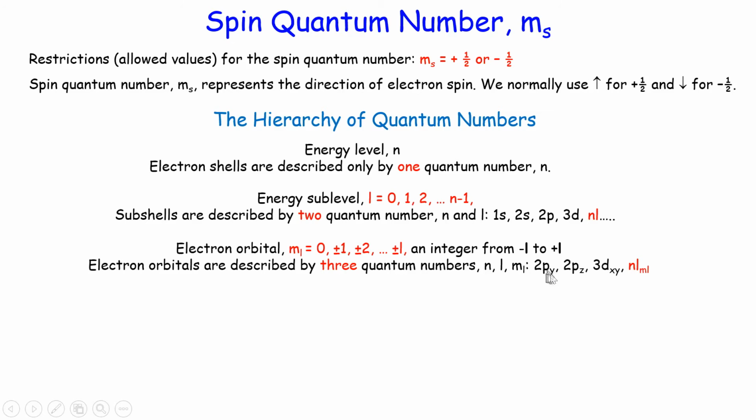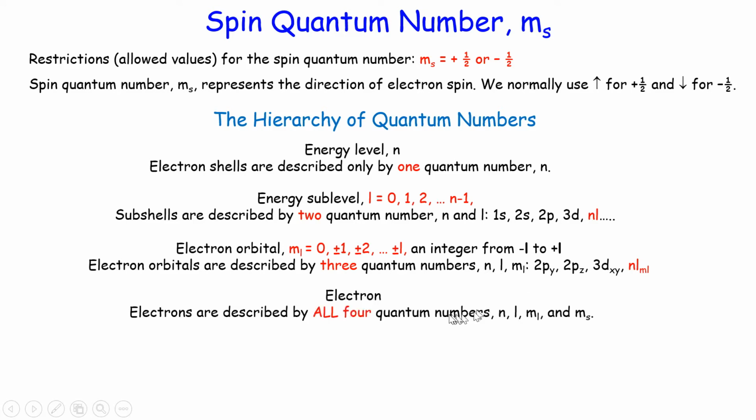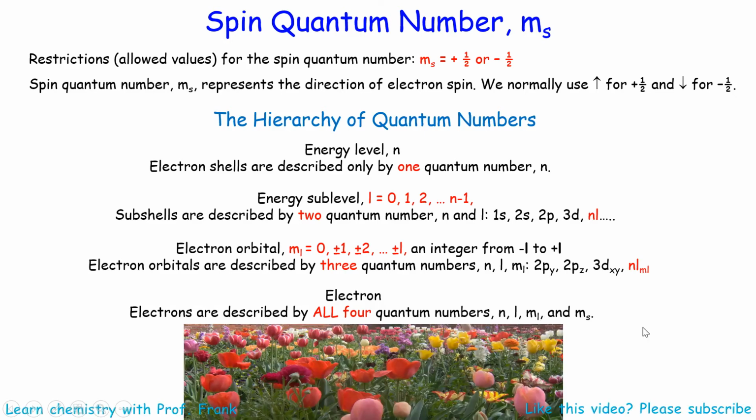In this case, py means the orientation of the 2 lobes of the orbital is aligned with the y-axis. Okay, so orbitals are described by n, l, ml, 3 quantum numbers. However, electrons are described by all 4 quantum numbers, n, l, ml, and ms.